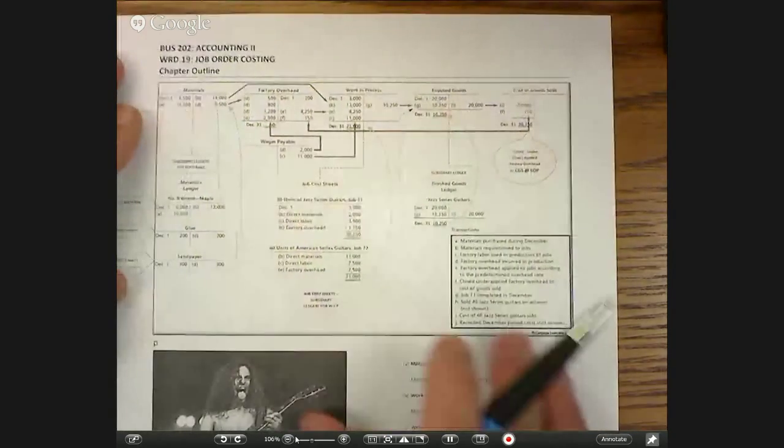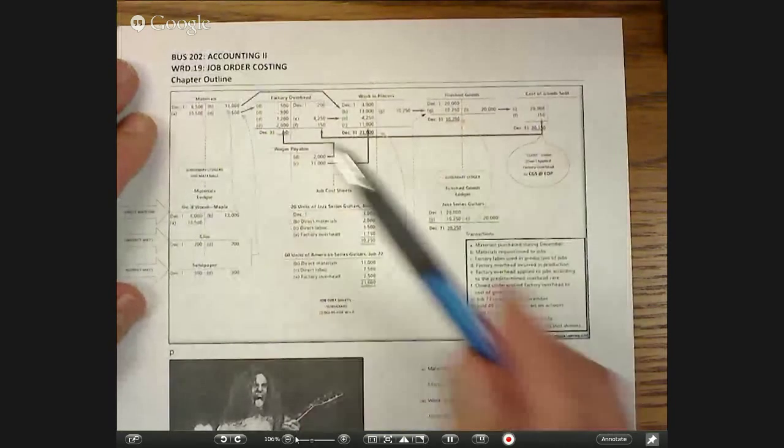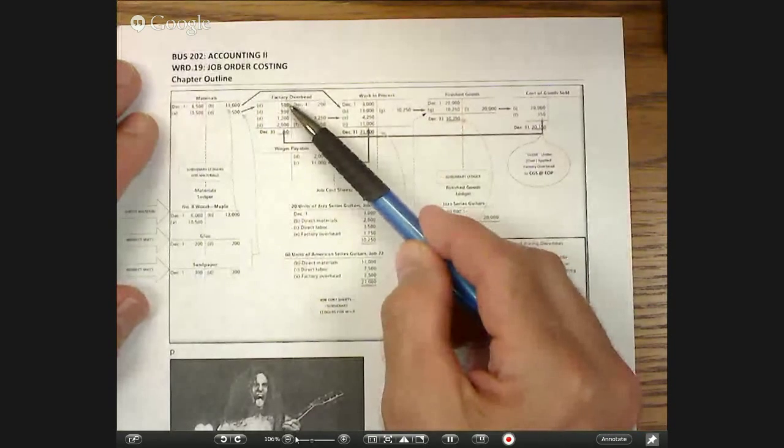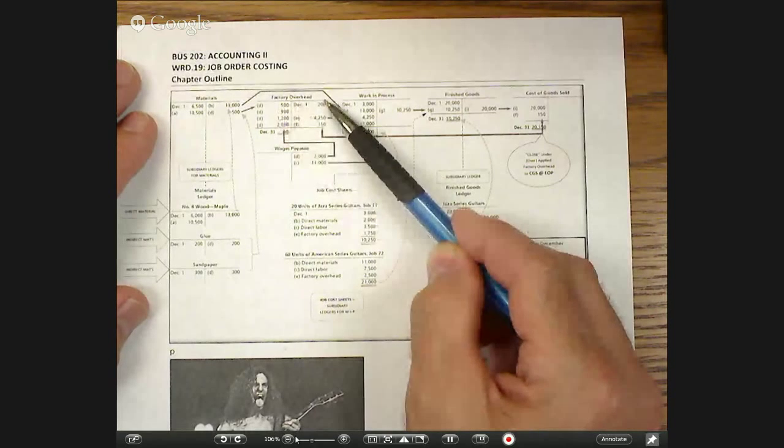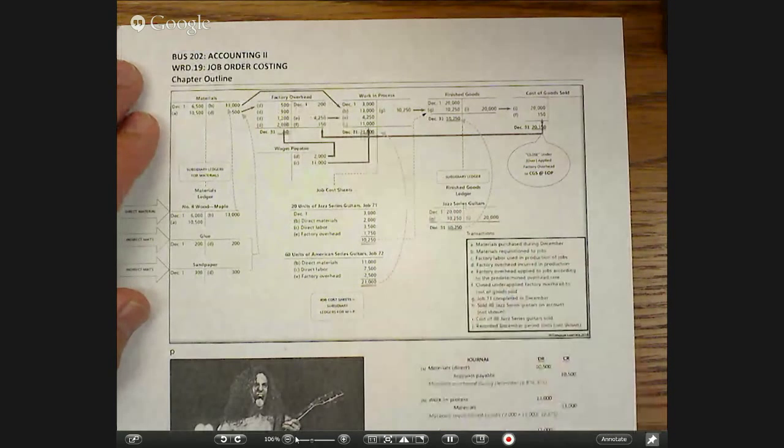Okay, now let's examine the factory overhead account. Let's add the total increases or debits to the account and the total credits and get a balance.